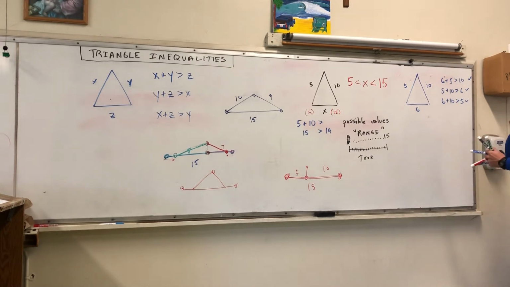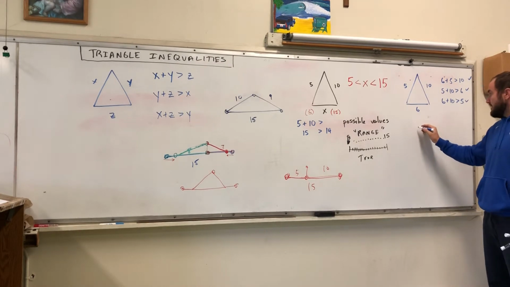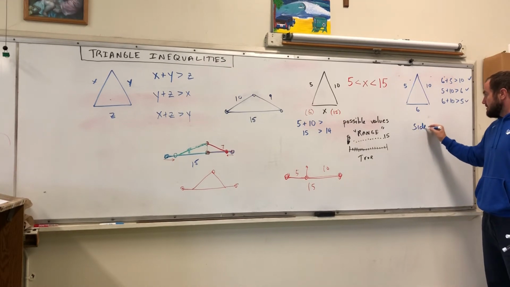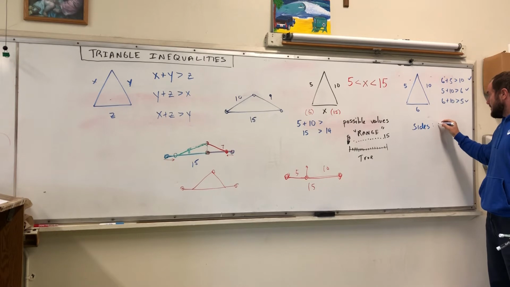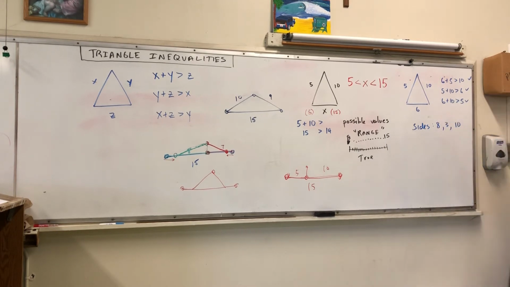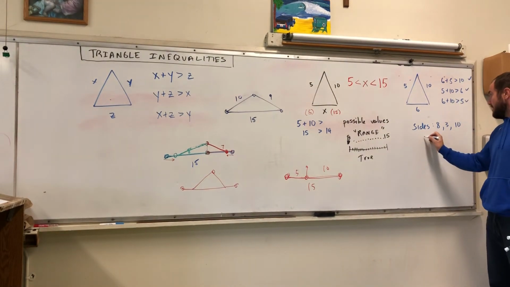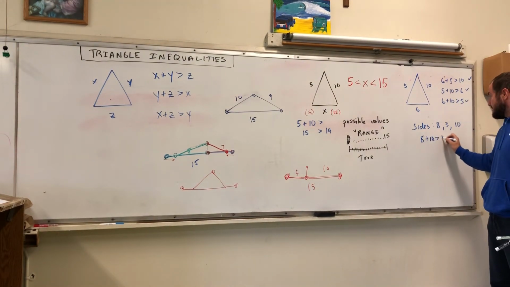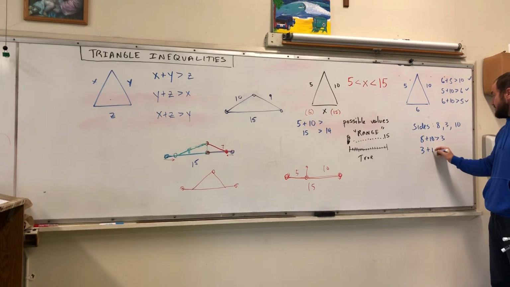Now, you can look at any sides and say, okay, let's say I give you sides 8, 3, and 10. And I say, are these the actual sides of a triangle? Can I use this for the sides of a triangle? I say, well, 8 plus 10 is greater than 3. 3 plus 10 is greater than 8.